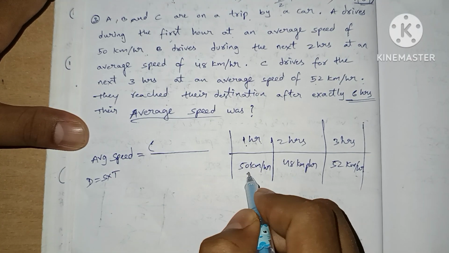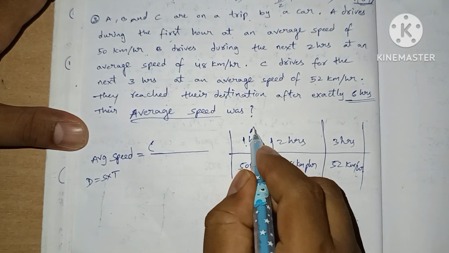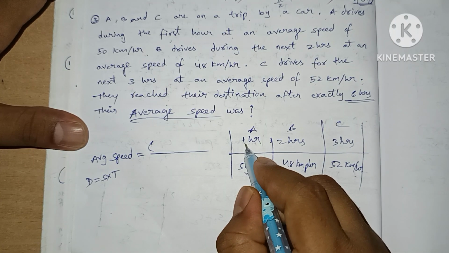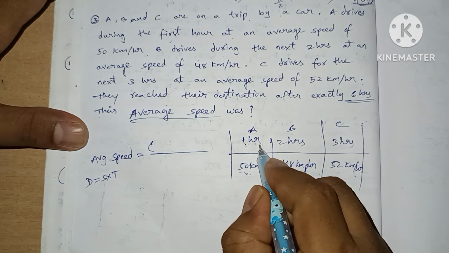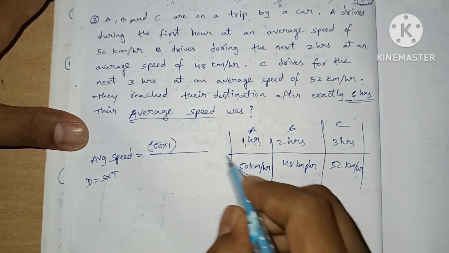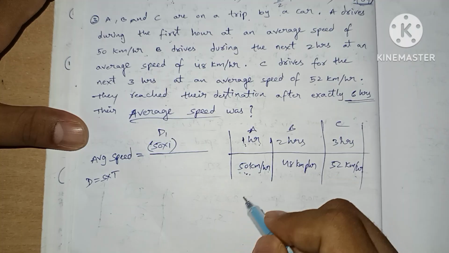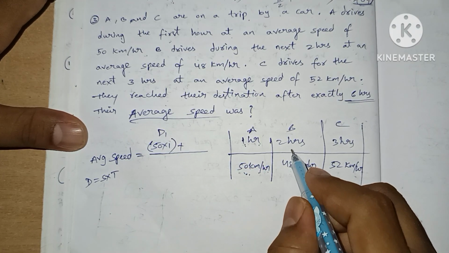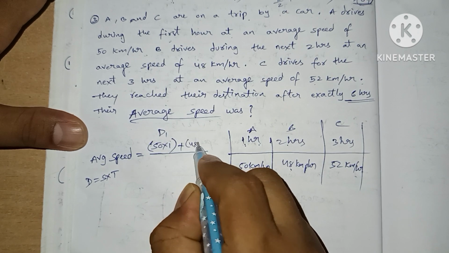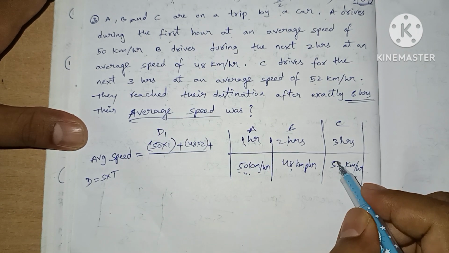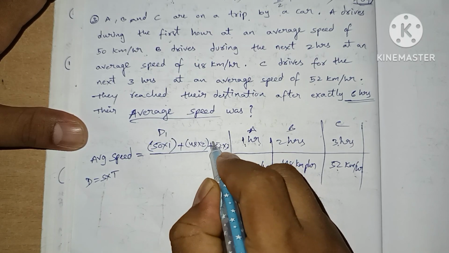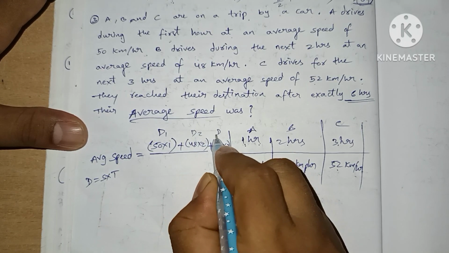So first part covered by A, second part B, C. A covers 50 kilometers per hour into 1 hour, so 50 into 1 is the distance d1 by A. Next, B covers 48 into 2. C covers 52 into 3. So this is D2, this is D3.